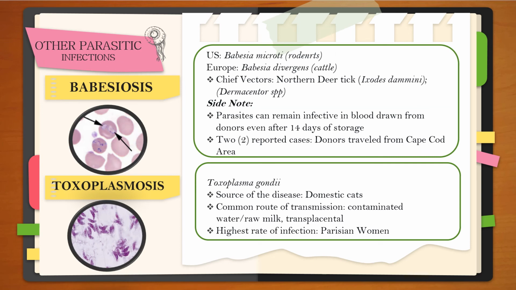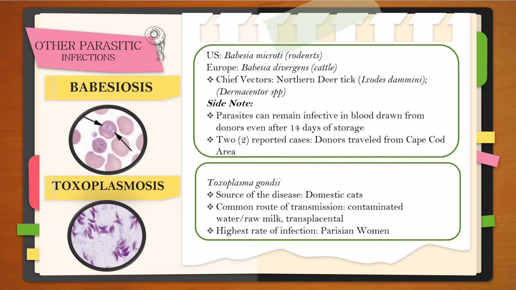Next are Babesia infections, which are characterized by demographic location. Babesia microti is the predominant causative agent in the United States, while Babesia divergens is predominant in European countries. Microti and divergens are both zoonotic infections: rodents for microti and cattle for divergens, having as chief vectors the northern deer tick, Ixodes dammini, and Dermacentor species.